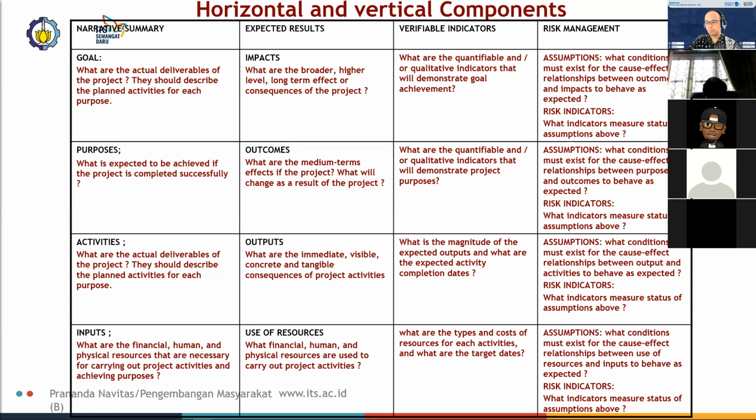Again, it's difficult for RBM to include. I wouldn't say it's impossible, but I would say it's difficult for them to include risk management because RBM does not consider the inputs necessary to achieve the goals, purposes, and activities per se.